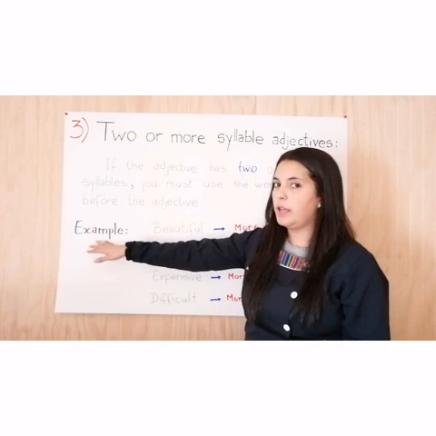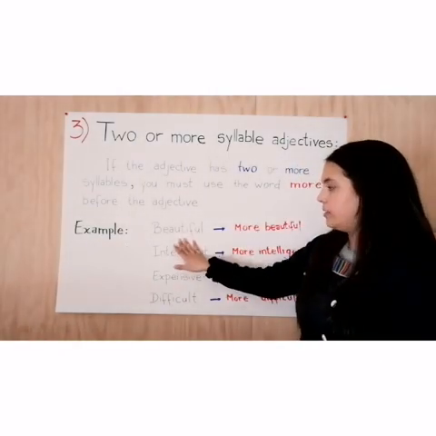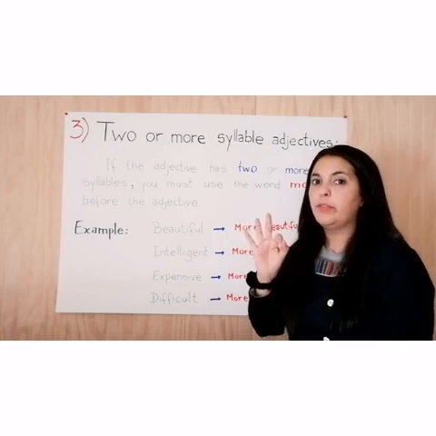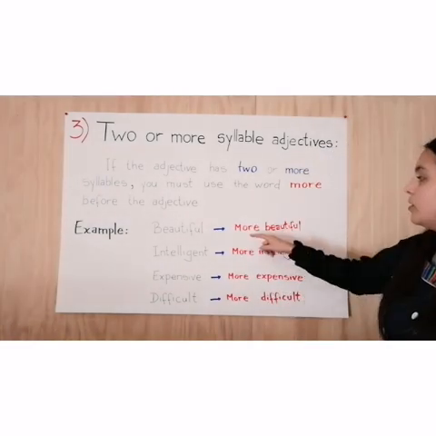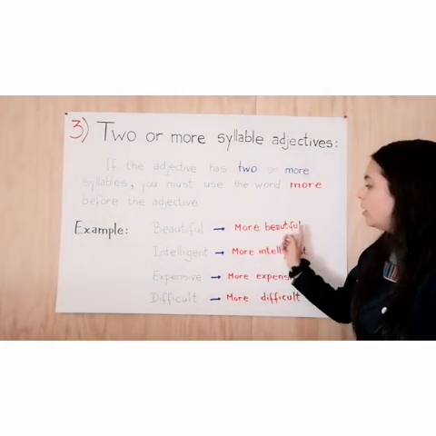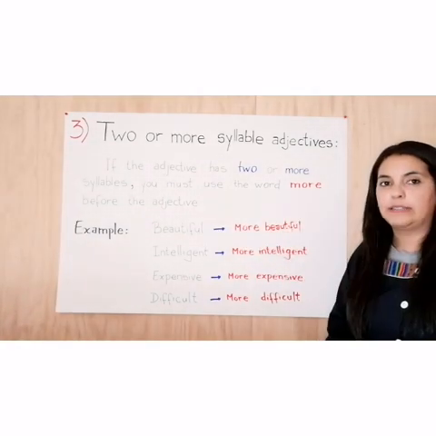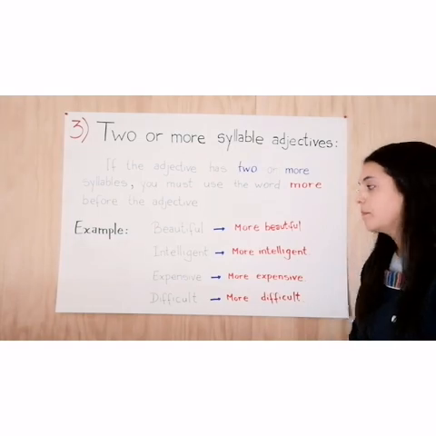For example, the adjective is beautiful, three syllables. So we need to use the word more before the adjective. More beautiful, that is the comparative form.